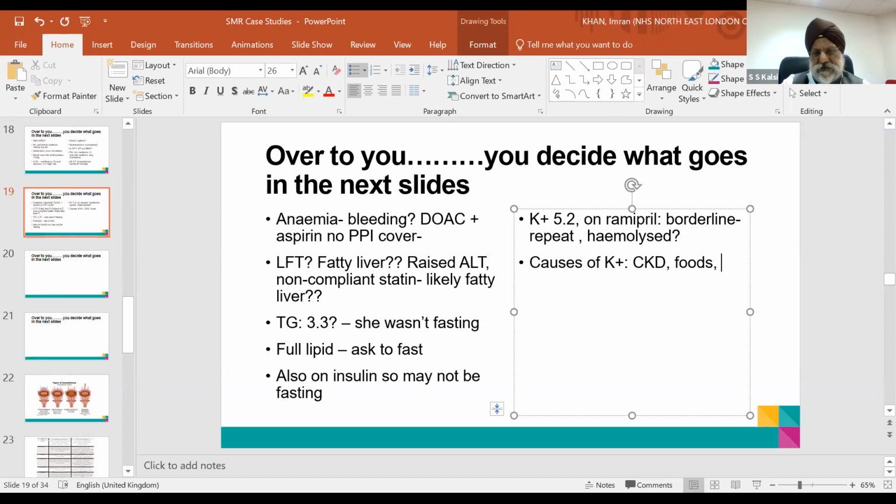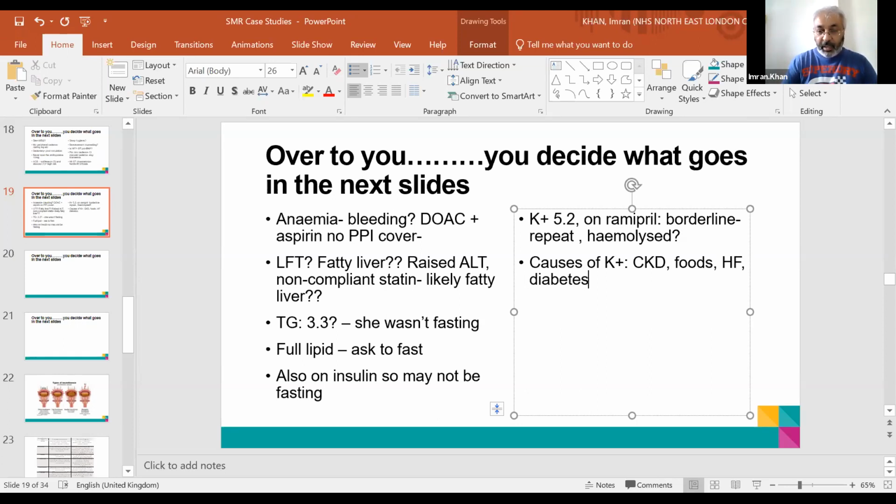Maybe she's having a lot of bananas. Yeah, under food. What else? I'll put you out of your misery. Heart failure and also diabetes. If you've got very high blood sugars, it leaches the potassium out of the cells into the blood.